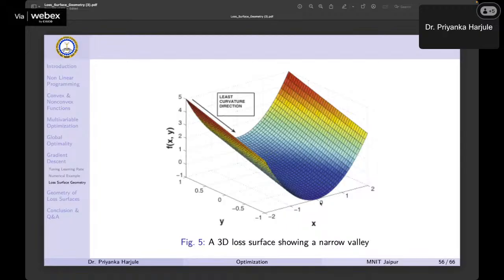In narrow valleys, the gradient descent method will bounce vigorously along the steep sides of the valley without making much progress in the gently sloping direction, where the greatest long-term gains are present.